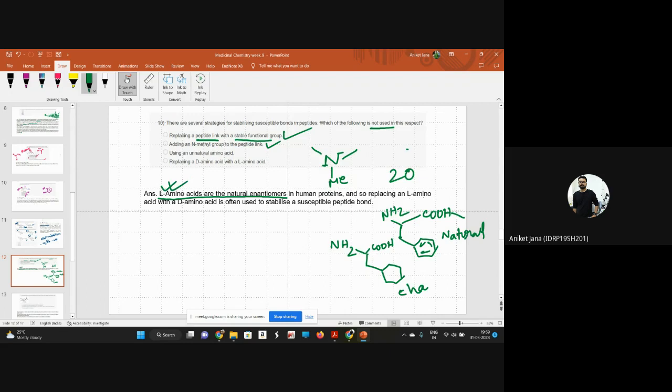So replacing an L amino acid with a D amino acid is often used to stabilize a susceptible peptide bond, not a D amino acid with an L amino acid. L is the natural one, so if we change it to the D amino acid, then it will be somehow stable. But here the reverse statement is placed, replacing the unnatural D amino acids with the natural L amino acids. So this strategy we do not use to stabilize a peptide bond.